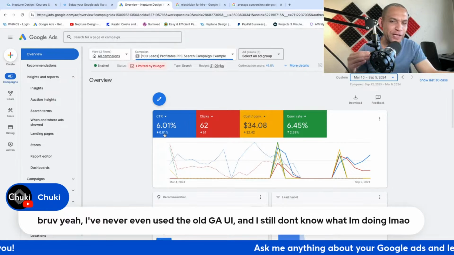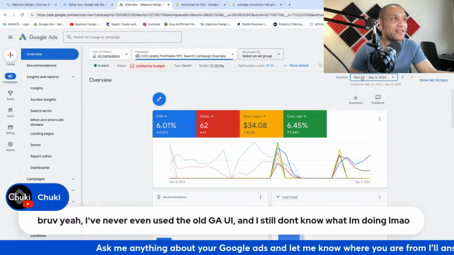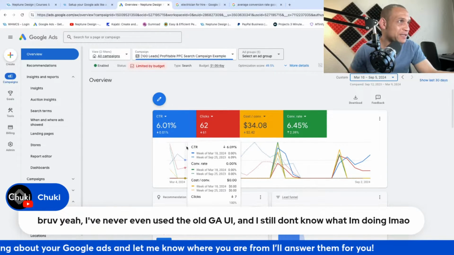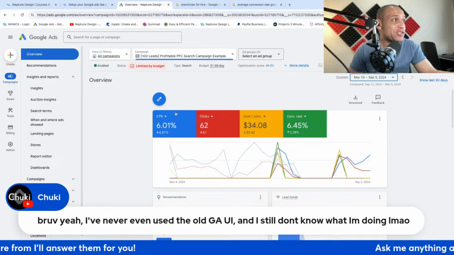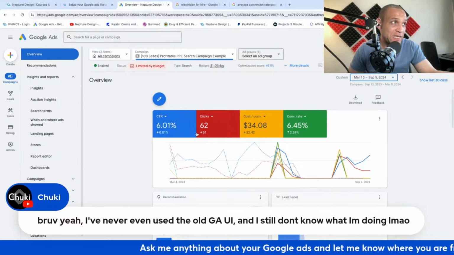I know that sounded weird, but bear with me. We're comparing the 10th of March back to the 5th of September against the time before that. If you look underneath, it'll show September 12th, 2023 to March 9th, 2024. As you can see, my click-through rate has gone down by 0.01%. I've had far fewer clicks.